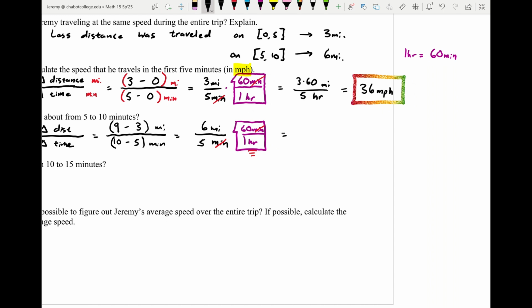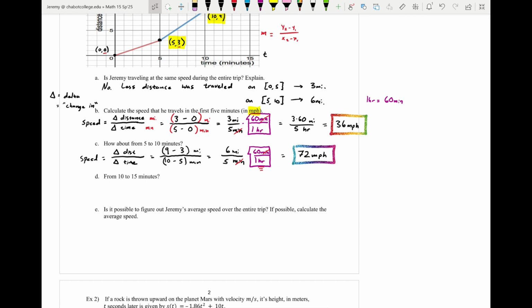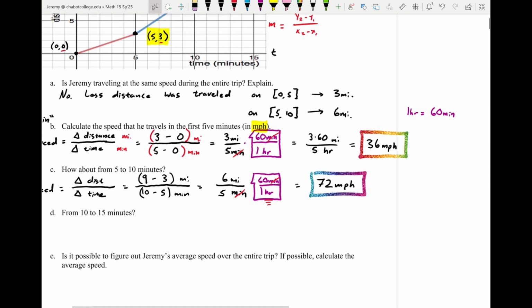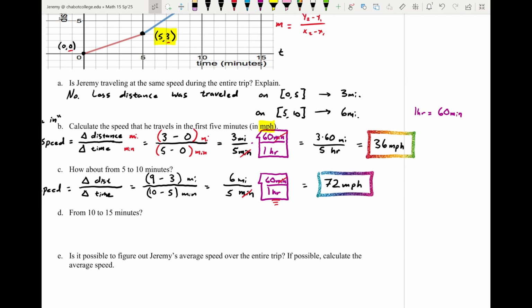And we can multiply straight across like we did in the last one. This time we're going to get 72 miles per 1 hour. All right, so we expected to be going faster during this second interval from 5 to 10 minutes, and the math confirms that. It looks like we're actually going twice as fast, which makes sense because over the second interval of 5 minutes, we traveled twice as far as we did during the first 5 minutes.